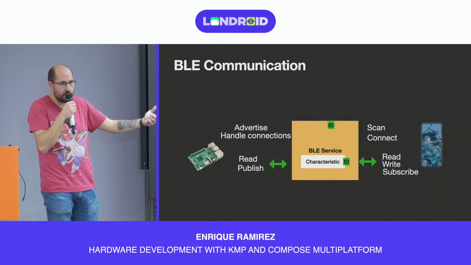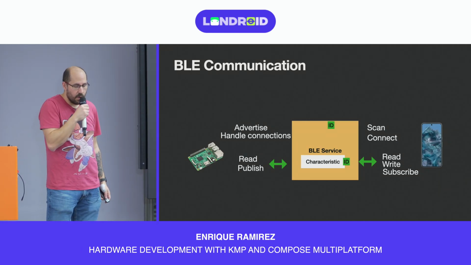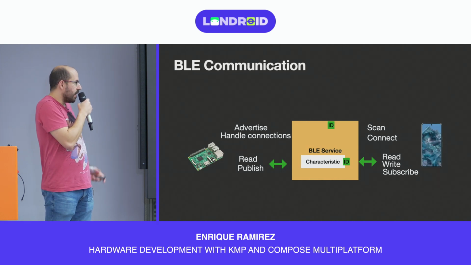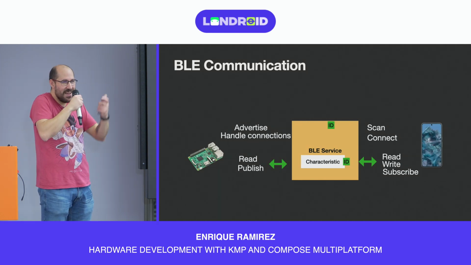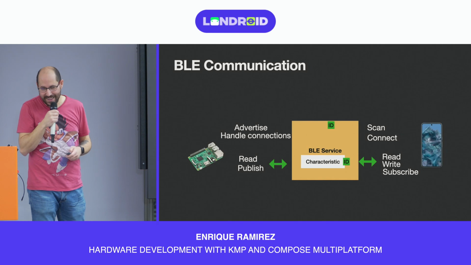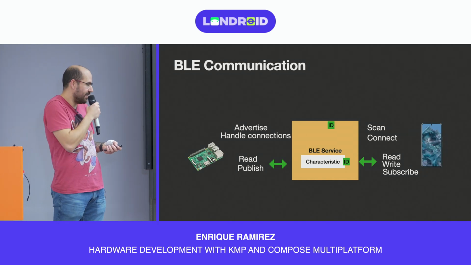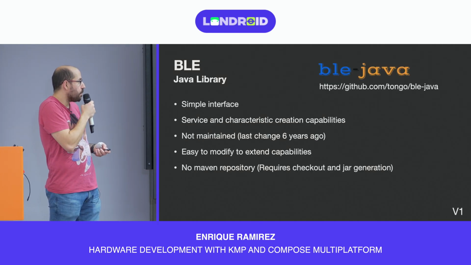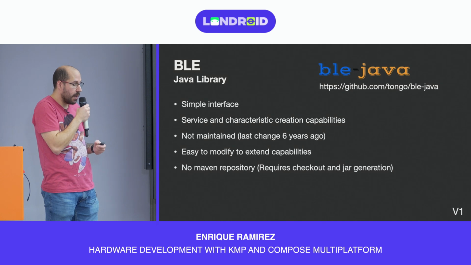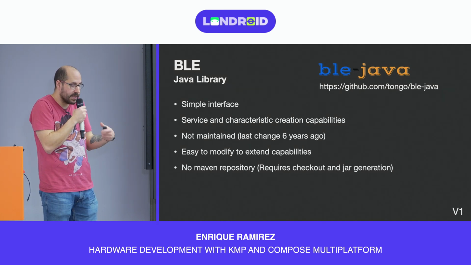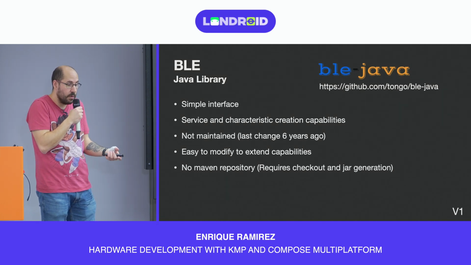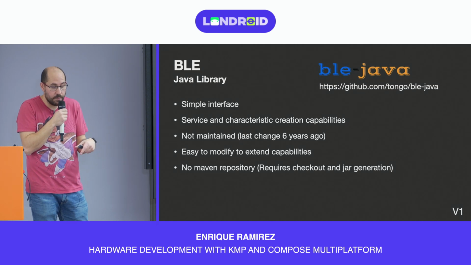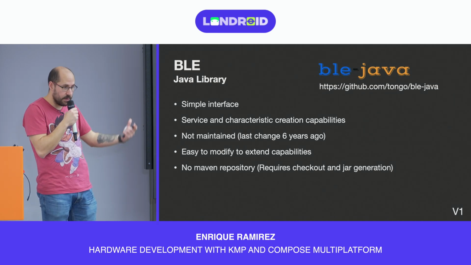It's like subscribing to a flow in coroutines. That's very broadly explaining BLE. I'm not doing justice to it. You've probably seen examples of how to use Bluetooth Low Energy from the client side point of view, but here we are the server.